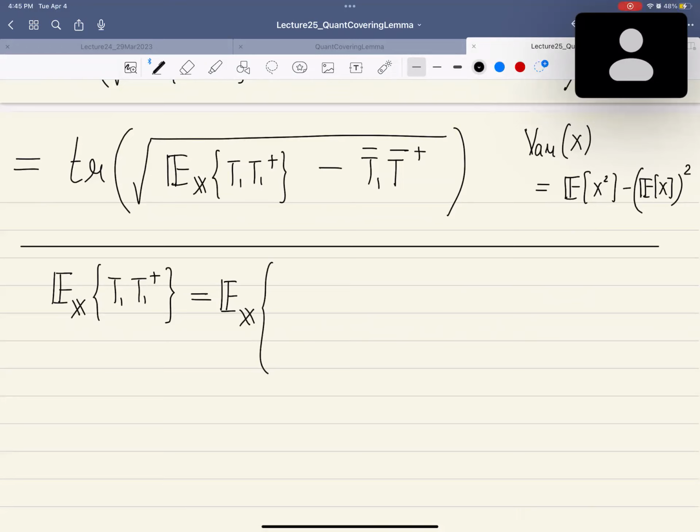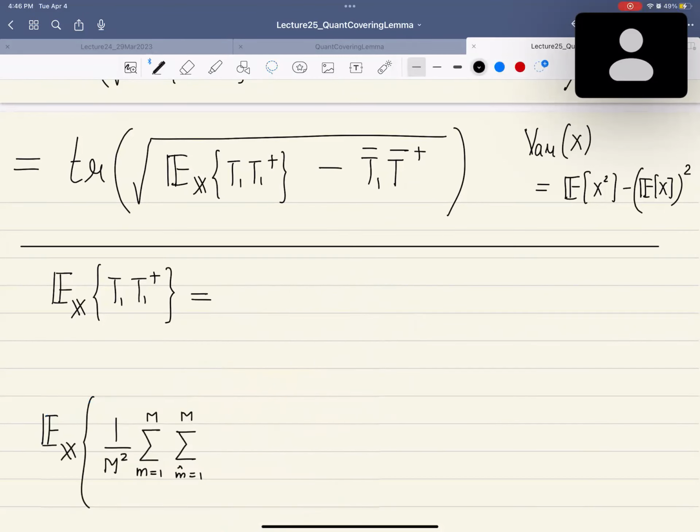This is 1 by m squared, sum over m equal to 1 through capital M, and m hat equal to 1 through capital M. I'm just writing the square, but they sit beside each other. Maybe I should write this as the next step, just to be very clear.